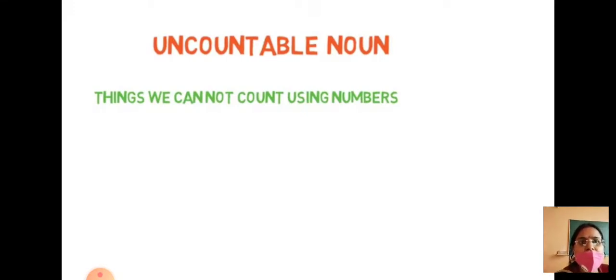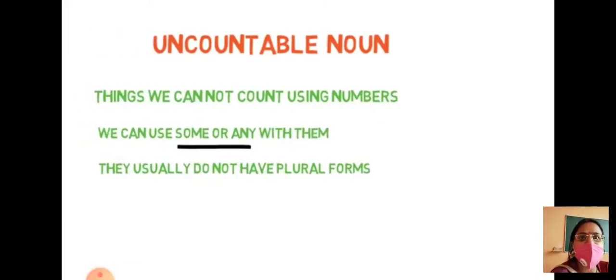Now we will talk about uncountable nouns. Students, remember, these are things we cannot count using numbers. It means there are some uncountable nouns which you cannot count. For example, things before which some or any would be used. They usually do not have plural forms.